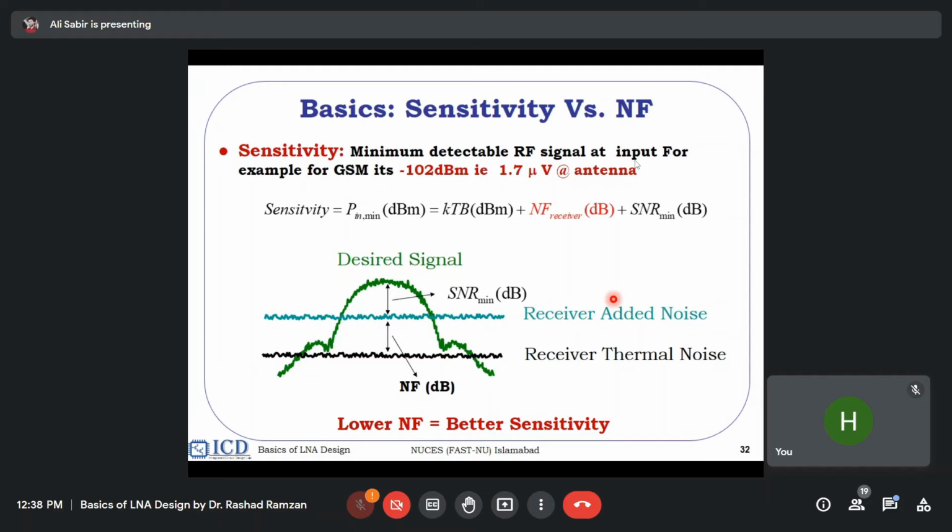So we have to meet this signal to noise ratio, and the noise figure of the receiver should be as low as possible to give us a higher sensitivity, because this kTB noise is fixed. The kTB noise comes from the thermal noise, and this is a thermal noise floor, so it is fixed.